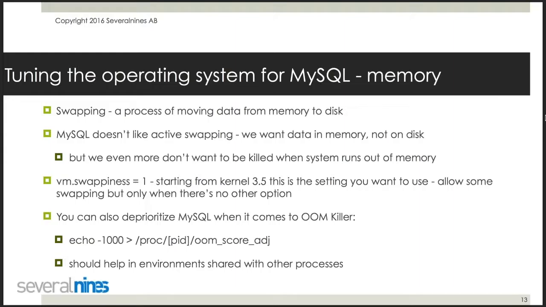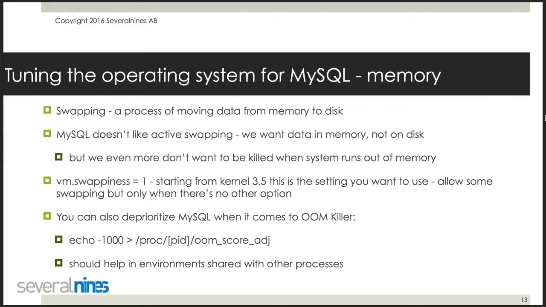Not on disk. But even more, we don't want MySQL to be killed when the system runs out of memory and the OOM killer goes on a killing spree. So what we want to do is allow some swapping if it is the only way to actually keep the system up.